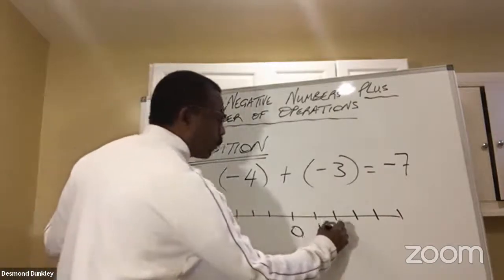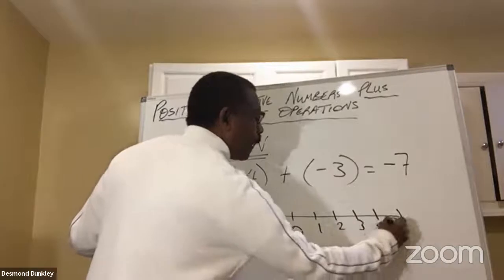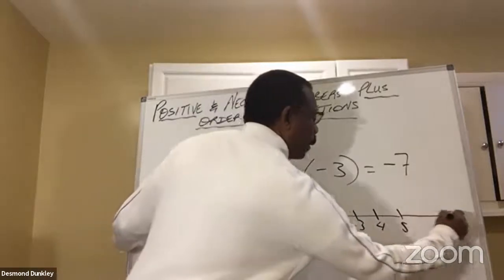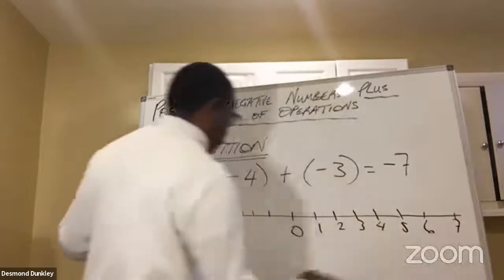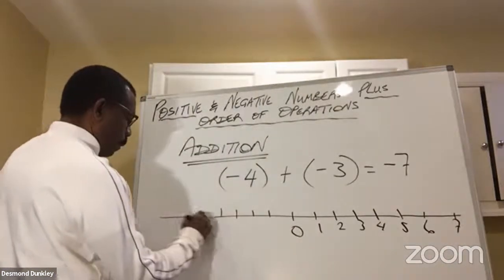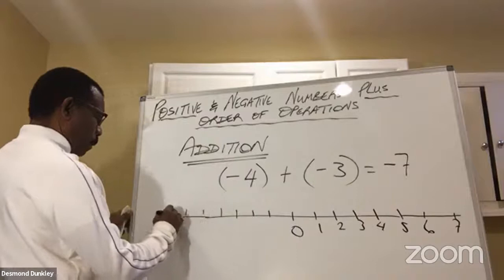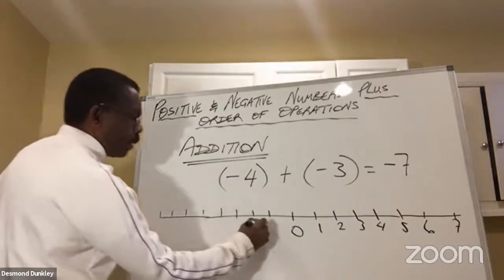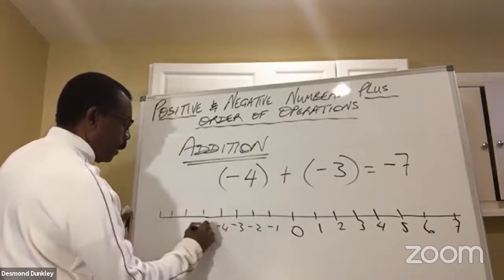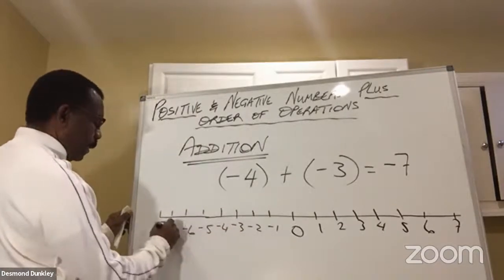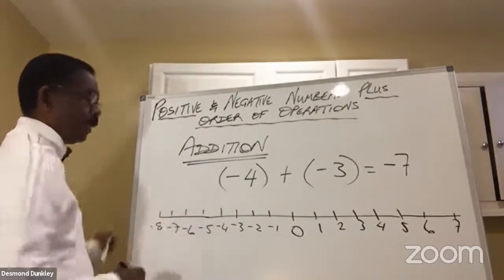This is 1, 2, 3, 4, 5. -1, -2, -3, -4, -5, -6, -7, -8.